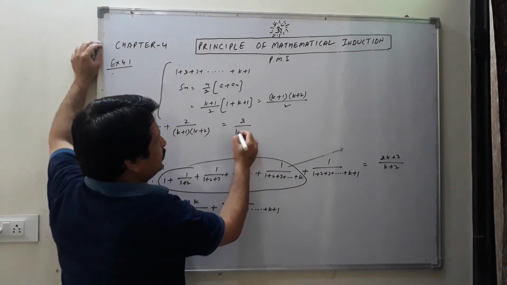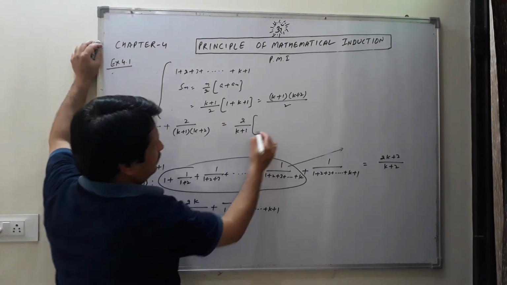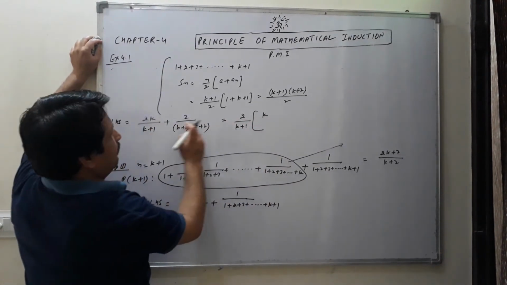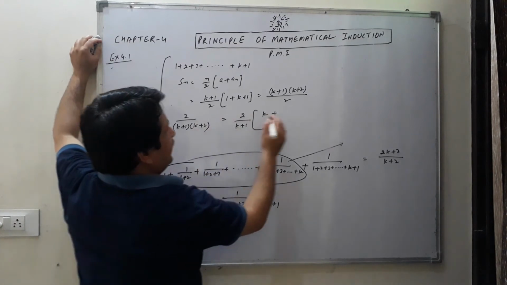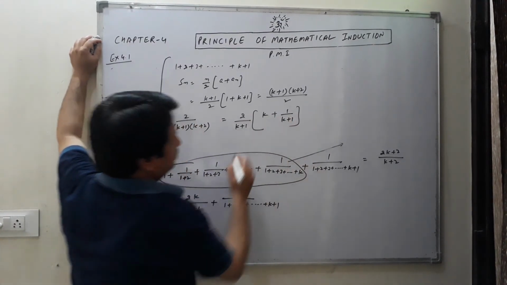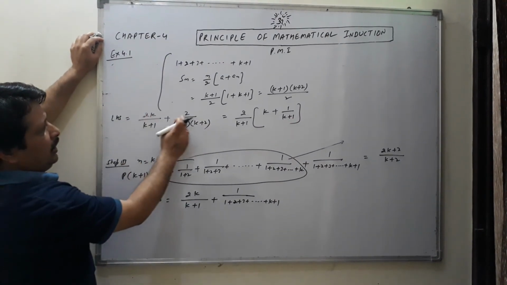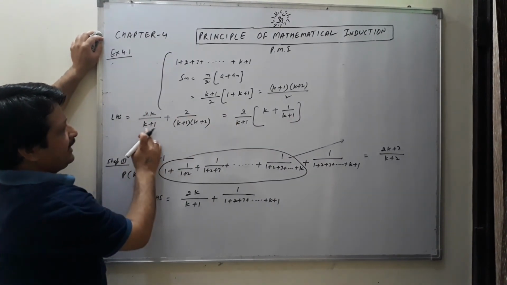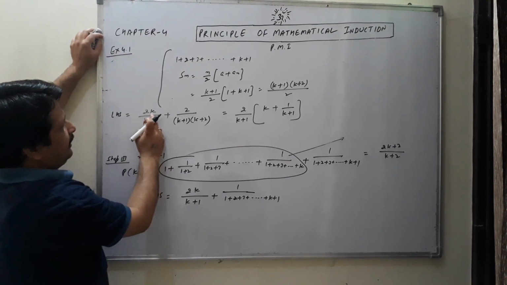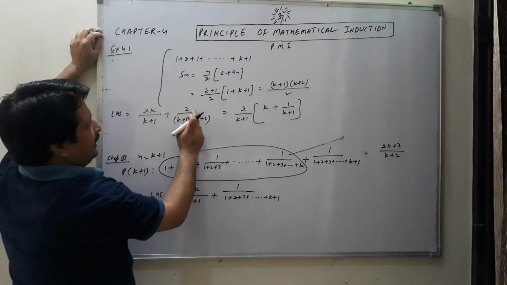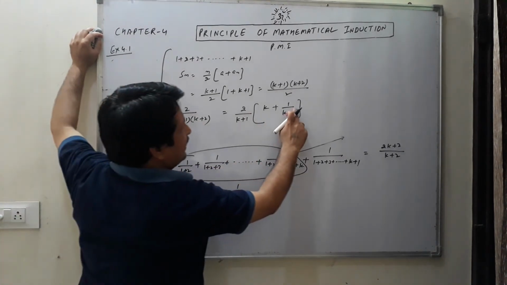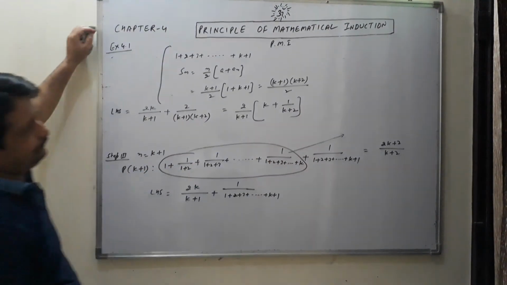So we will take 2 into k plus 1 as common, and you are left with k plus 1 upon k plus 1. 2 and k plus 1 are common, I have taken them outside. So what is left there? Only k is left, plus here it is 1, and here it is k plus 2, students.